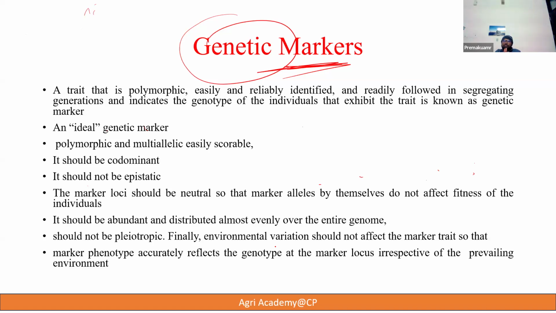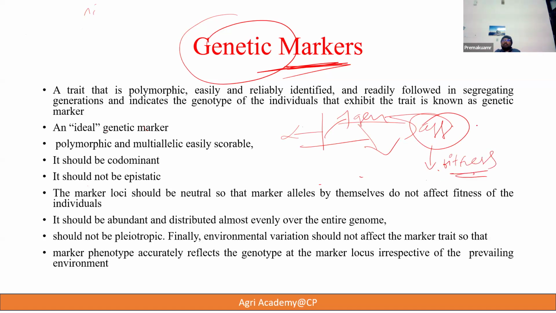Then the marker loci should be neutral so that alleles by themselves do not affect the fitness of an individual. What exactly does this statement mean? For example, the genes affecting flower color may be associated with the fitness of a particular individual. It means white color flower individuals will not survive, only purple color individuals will survive.